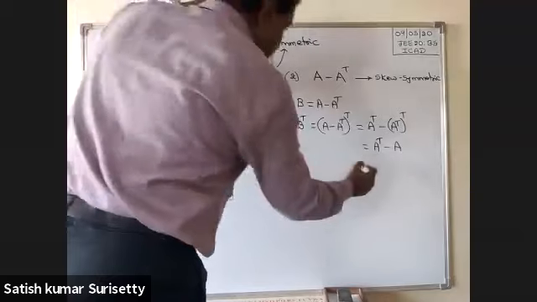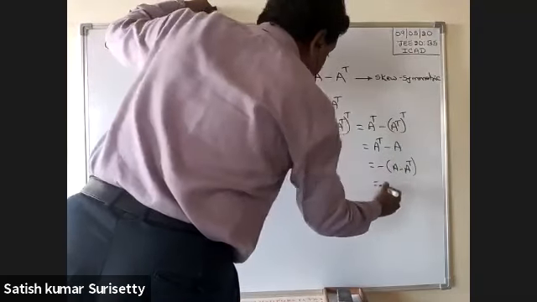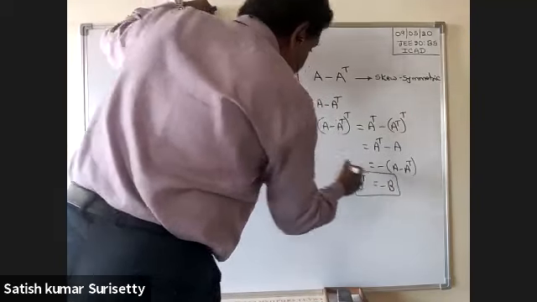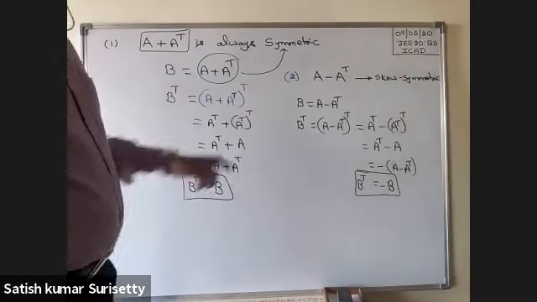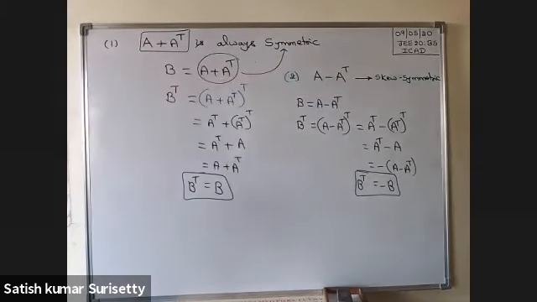A minus A transpose. That is minus of A minus A transpose, that is minus B. So B transpose equals minus B. Hence, you can conclude that for a given square matrix A, A minus A transpose is always skew symmetric.